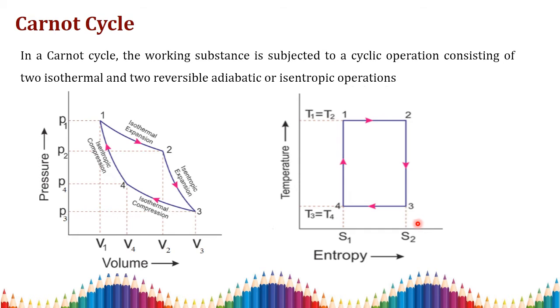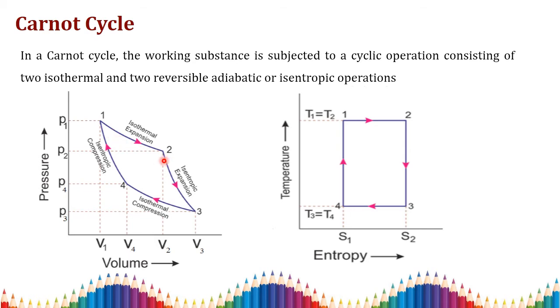In the Carnot cycle we have four processes: two isothermal processes and two isentropic processes, that is, two compression processes and two expansion processes. Process 1 to 2 is isothermal expansion, process 2 to 3 is isentropic expansion, process 3 to 4 is isothermal compression, and process 4 to 1 is isentropic compression.